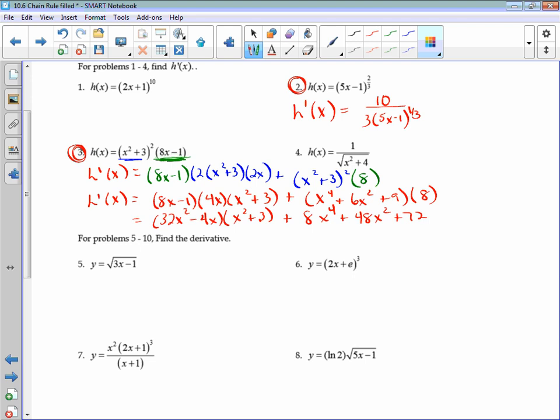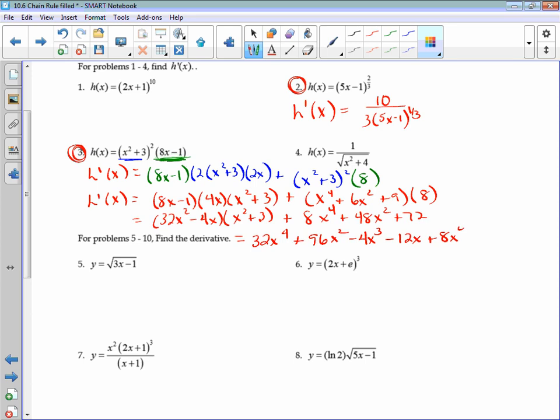Okay. We're getting close. I'm running out of room, but you know. So now if I multiply this all out, that's going to be 32x to the 4th, plus 3 times 32, what, 96, x squared, minus 4x cubed, minus 12x. And then plus all of this.